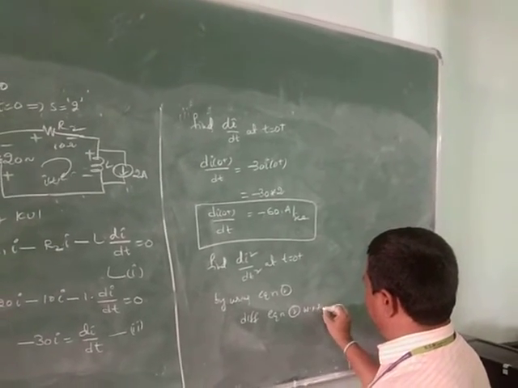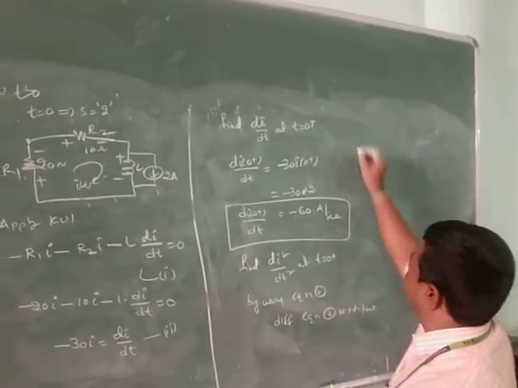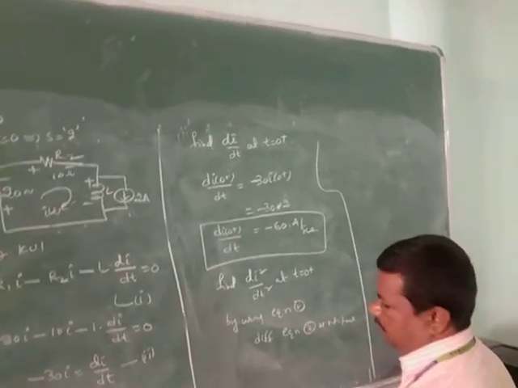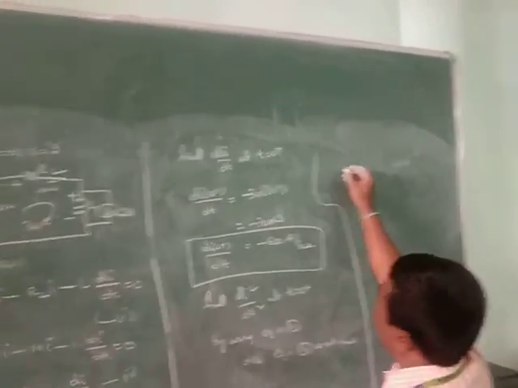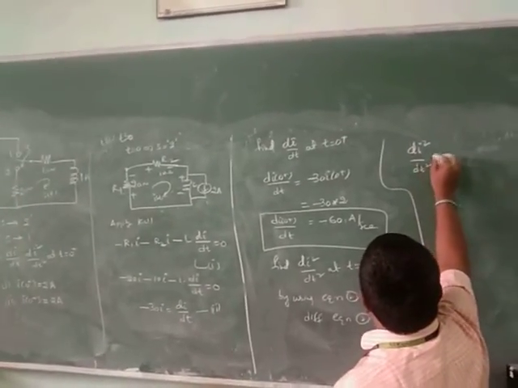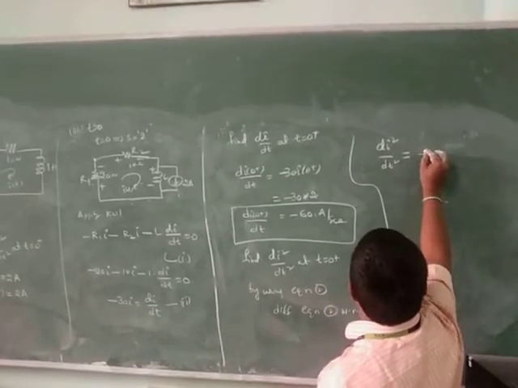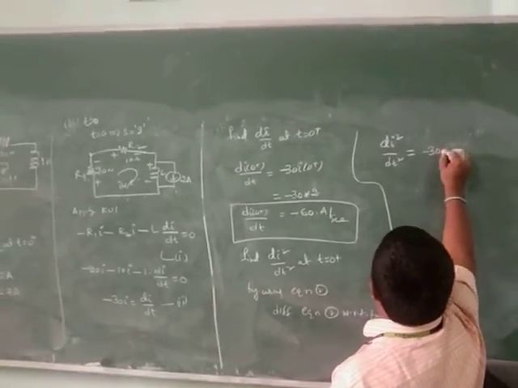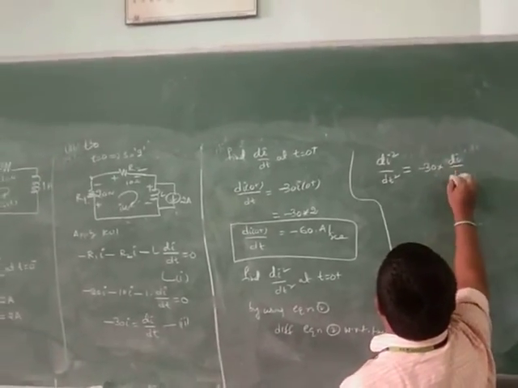Now d square i by dt square is equal to minus 30 into di by dt.